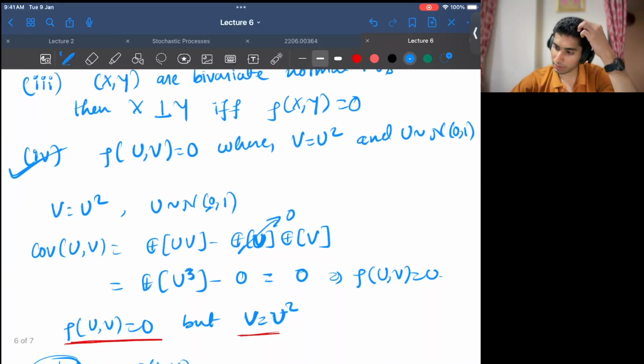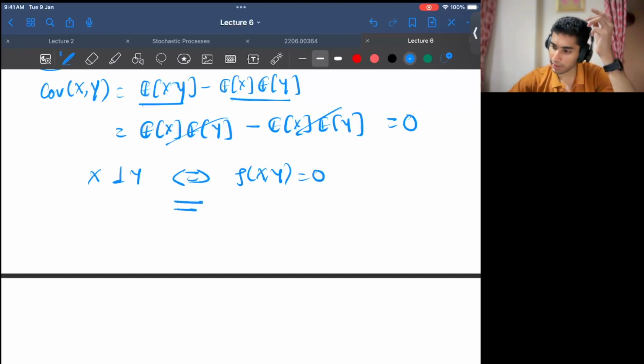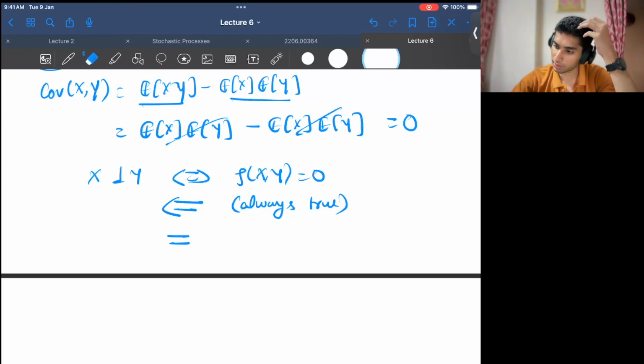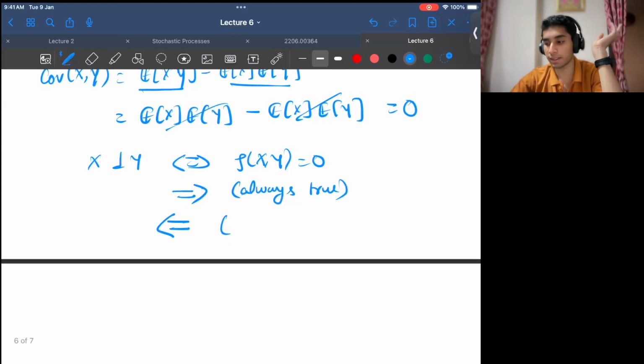So x is independent of y is equivalent to saying that rho of x comma y is equal to 0. Sorry, I wrote something wrong. This side is always true, that if they are independent, then they are uncorrelated. However, if they are uncorrelated, it need not be that they are always independent.